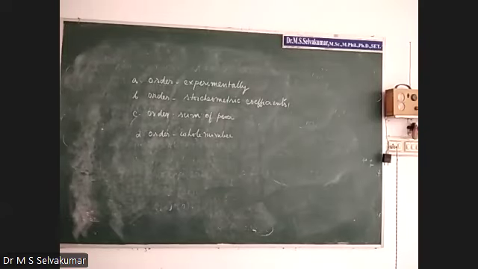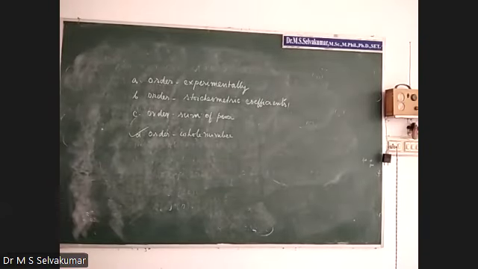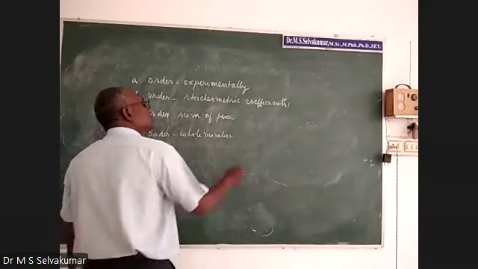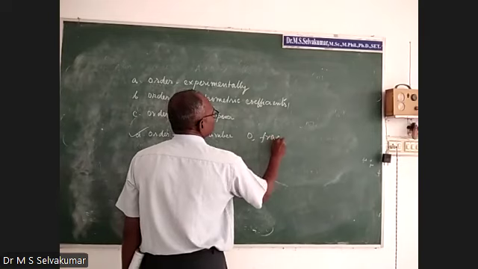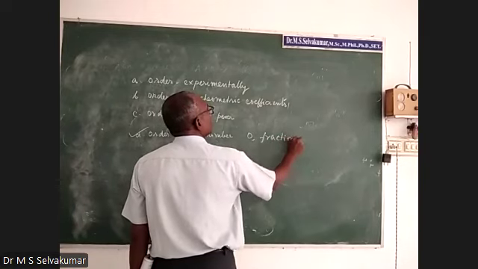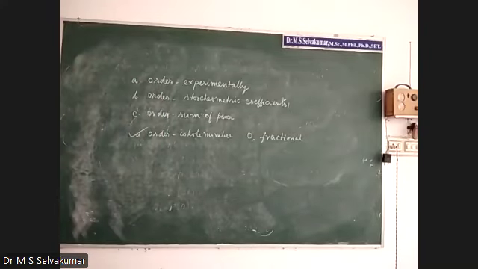The wrong statement is order is always a whole number, because order can be 0, even order can be fractional. Fractional ordered reactions are possible. Order can only be determined experimentally, because theoretically we cannot find out the order of a reaction.